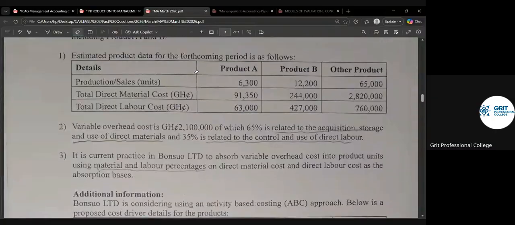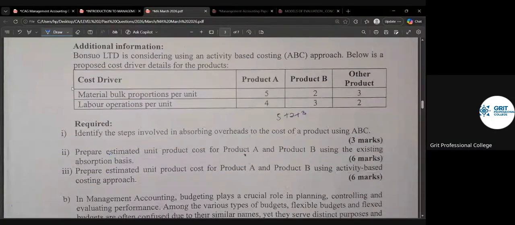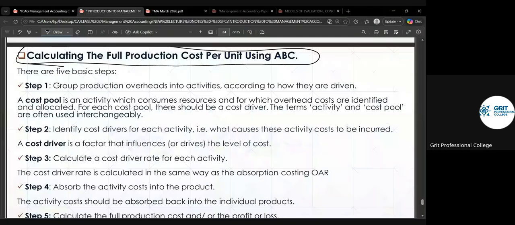It's an ABC question, and it says here that for 3 marks, identify the steps involved in absorbing overheads to the cost of a product using the ABC system. We have some basic 5 steps, and I'll walk you through them, but with examples we'll be able to see how it all plays out.